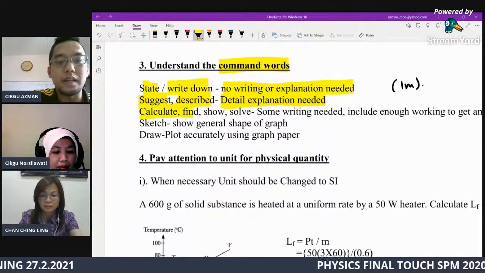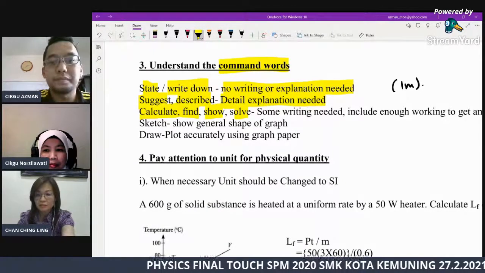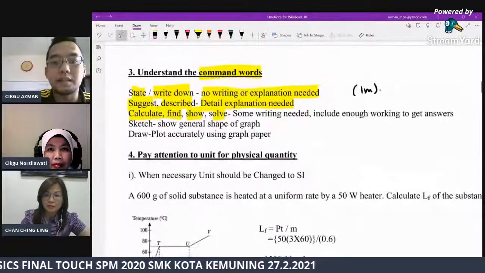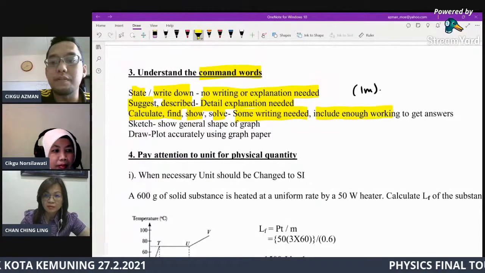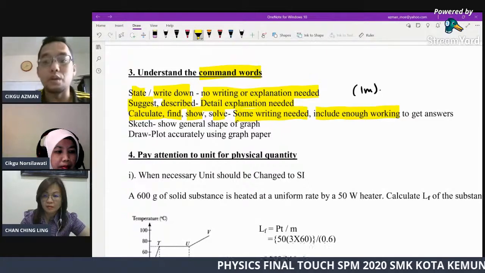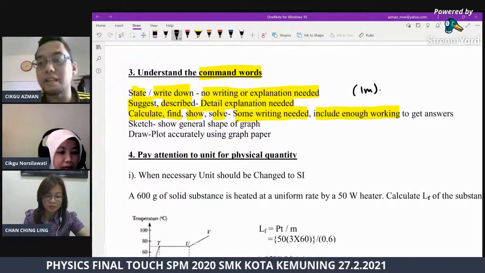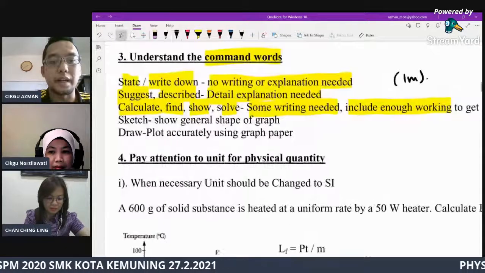Third, calculate or find or show or solve. So what you need to do to get full mark? So some writing needed, including enough working. You need to show your working for calculation, and don't forget the unit. Unit must be correct.